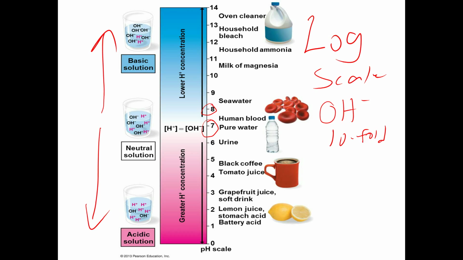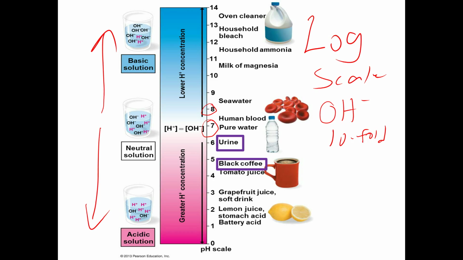So for instance, looking at urine and black coffee. Urine is around a pH of 6, black coffee a pH of 5, both of which are acidic.